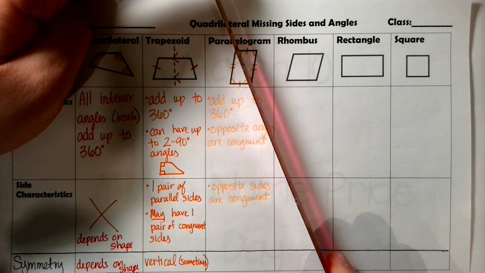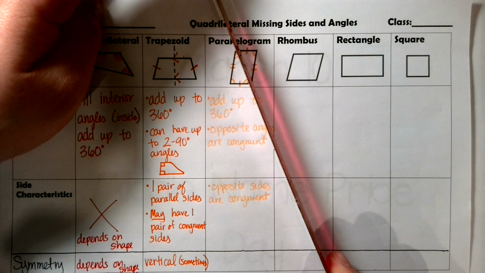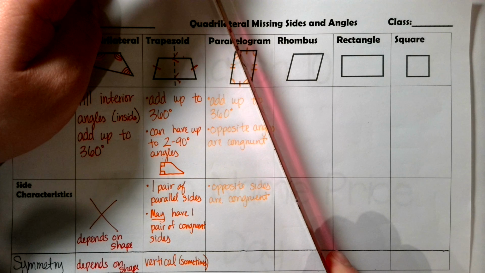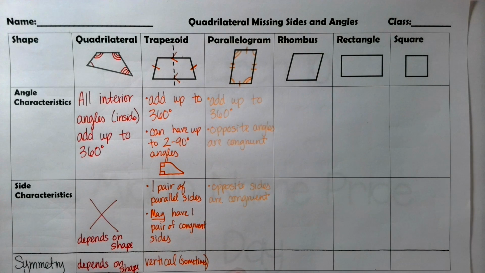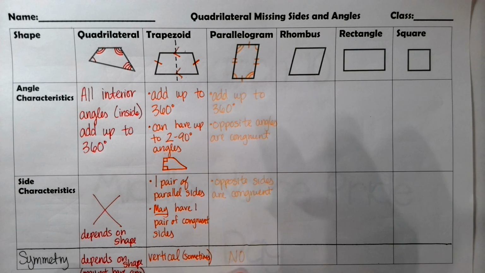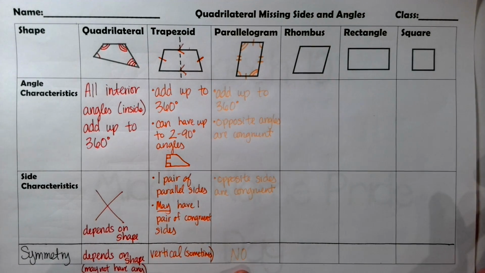Are they symmetric triangles though? No, they are not symmetric. They are congruent triangles, but they're not identical, so that means they are not symmetric. So there is no symmetry for parallelograms.